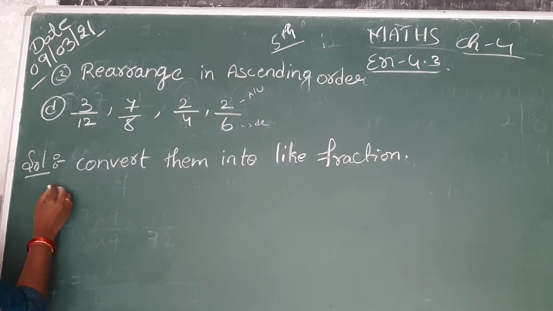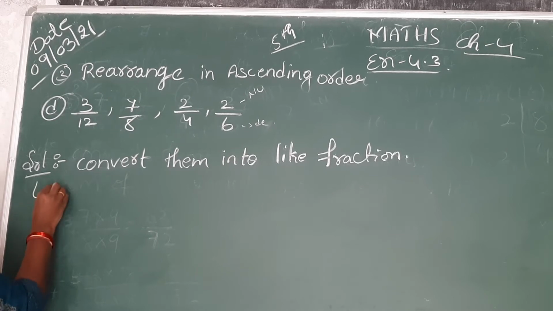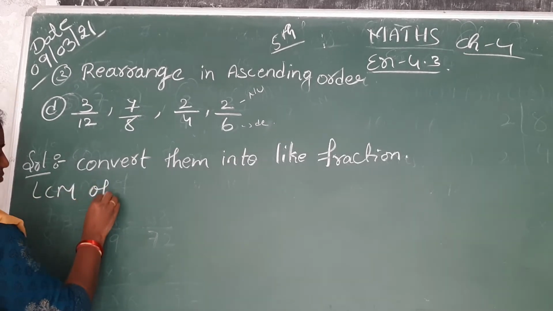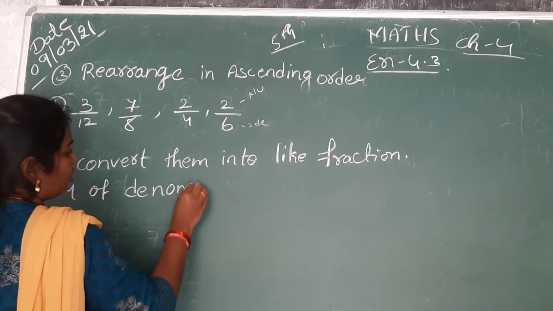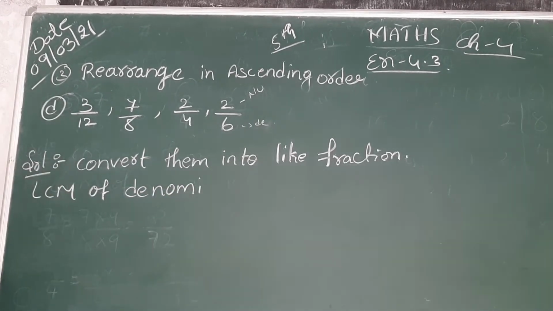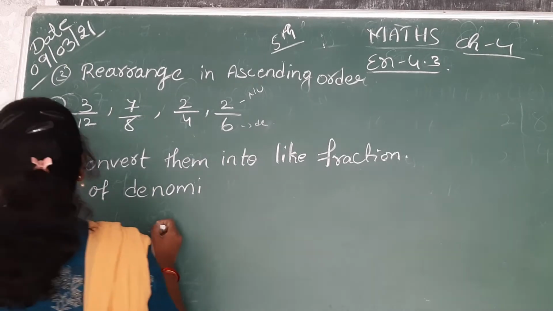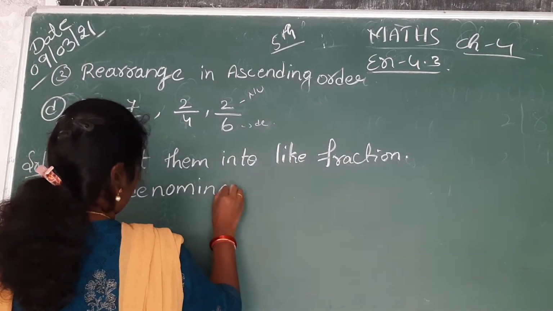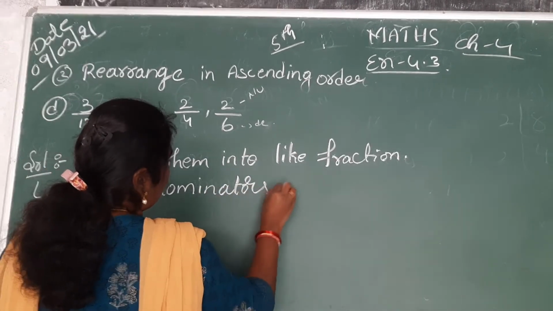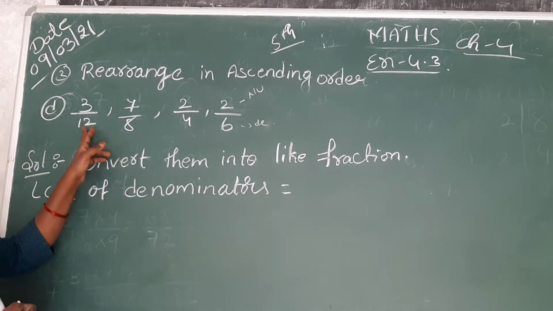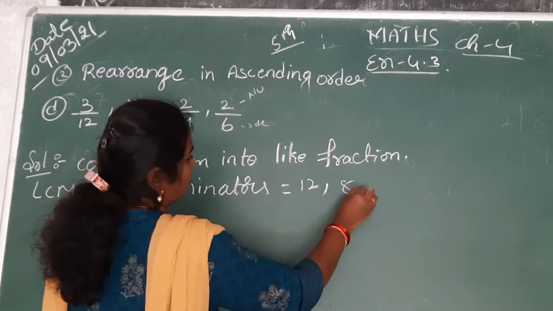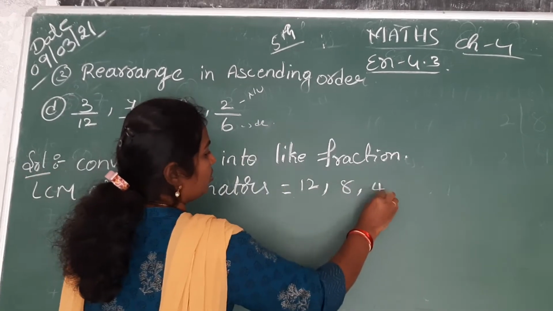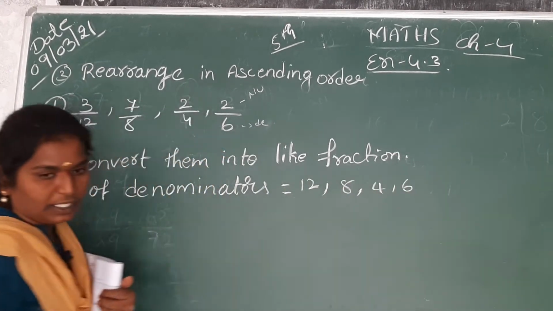Next step, the LCM of denominators. So what are the denominators here? 12, 8, 4 and 6 are the denominators.